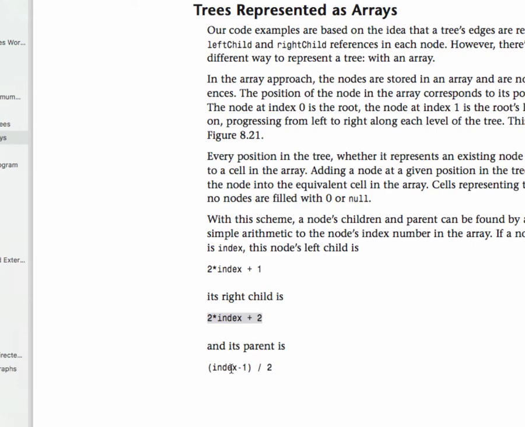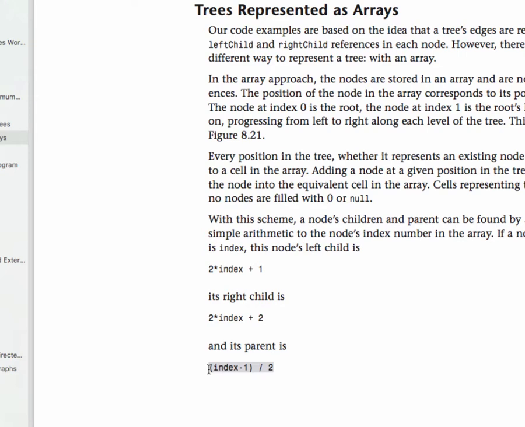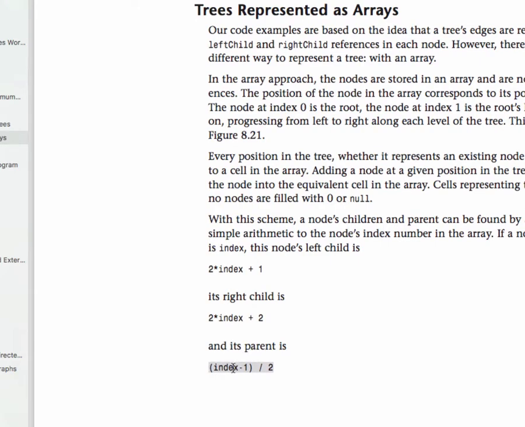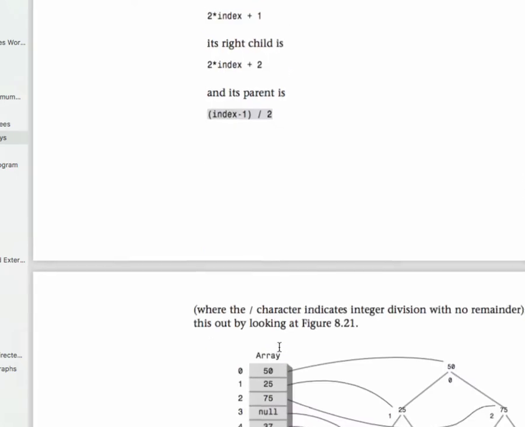And if you are at a node that has a certain index, then you can easily find the parent of that. We're talking about doing this with arrays, and again, we can do it as linked lists or node lists if you want to call it. But with an array, the index minus 1 divided by 2 gives you the parent of every particular node.